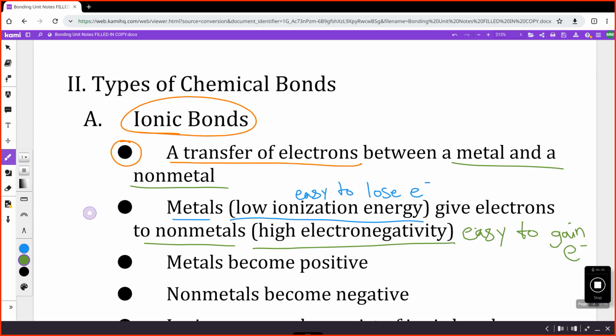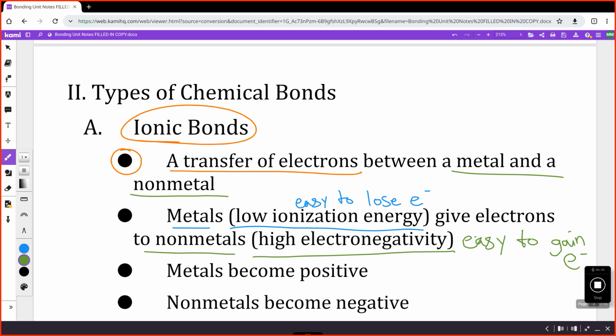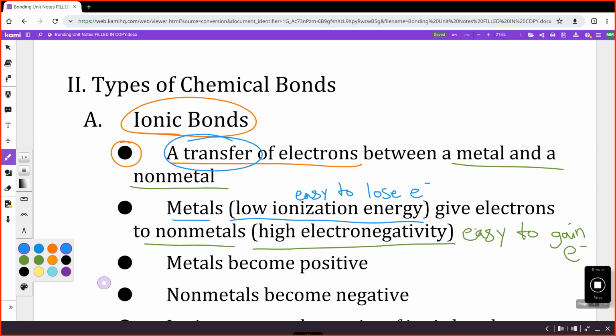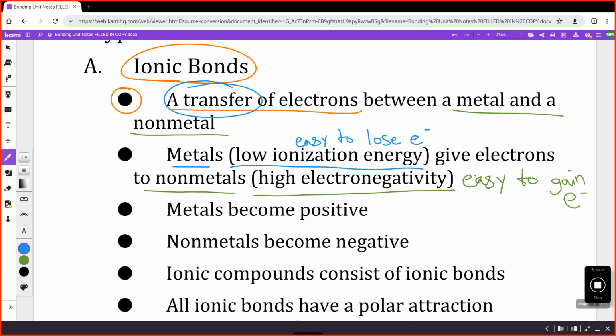Now the big thing to remember here is that I said they transfer. And transfer basically means it's a permanent situation. So the metals become a positive ion. Sodium is Na, and it has one valence electron. When it creates an ionic bond with a nonmetal, it's going to become Na+, and it no longer has that valence electron.